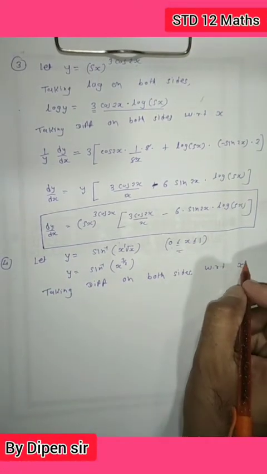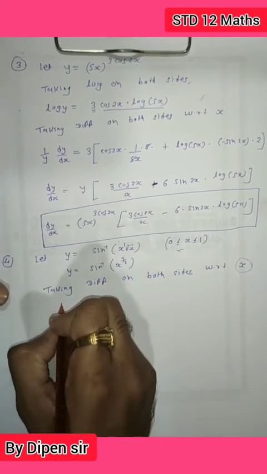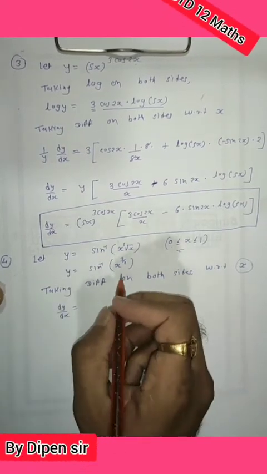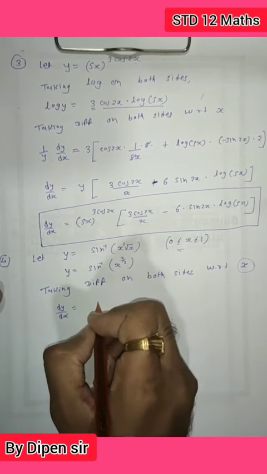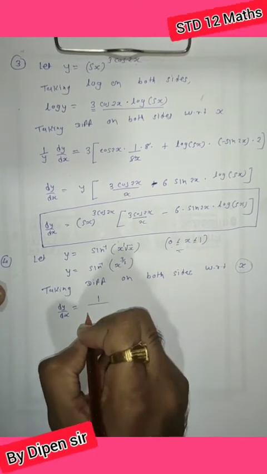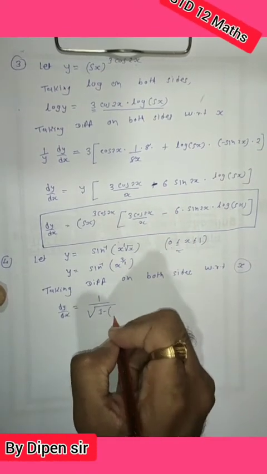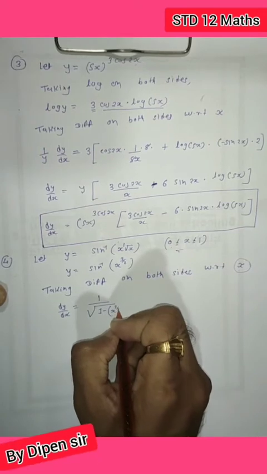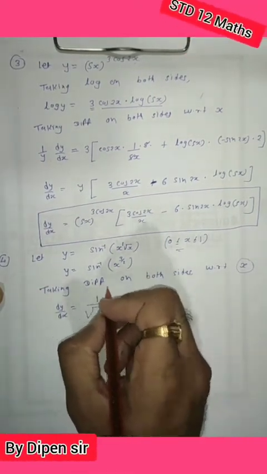That's why we are taking differentiation with respect to x. So differentiation of y is dy by dx equal to, now students, we know the differentiation of sin inverse x is 1 upon square root of 1 minus x square, but here instead of x we are having x raised to 3 by 2. It's x raised to 3 by 2 square. Done. This is the differentiation of sin inverse.